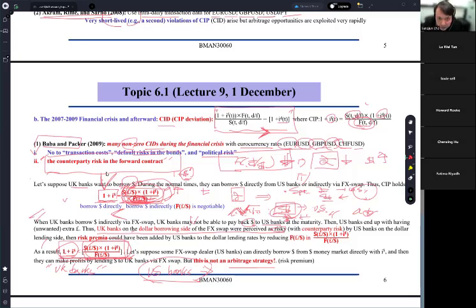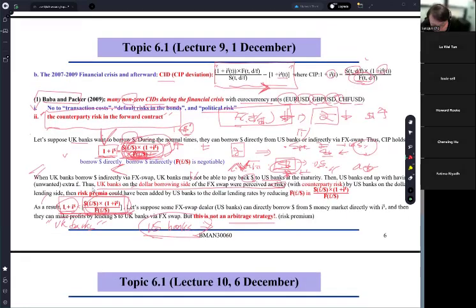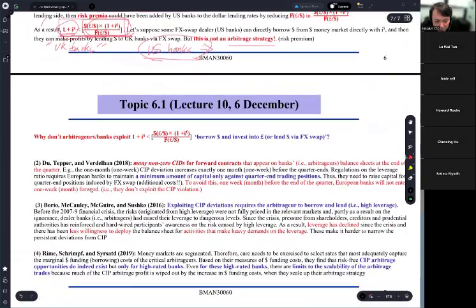So that is what Baba and Packer say happened during the financial crisis, why we have inequality like this. Now, in this Friday's section, we're going to learn why we still observe this case after financial crisis. After financial crisis, the counterparty default risk wasn't that high.